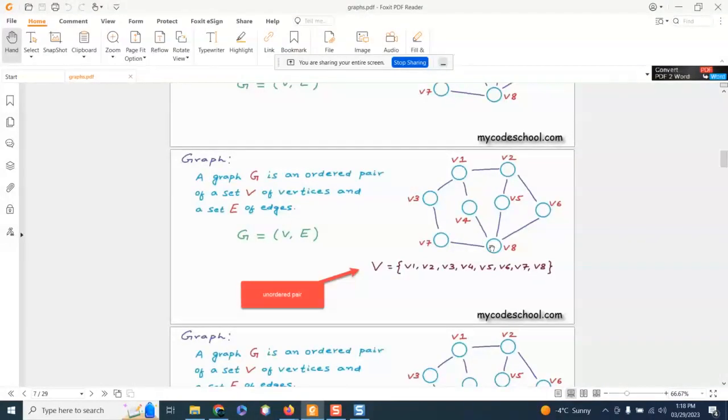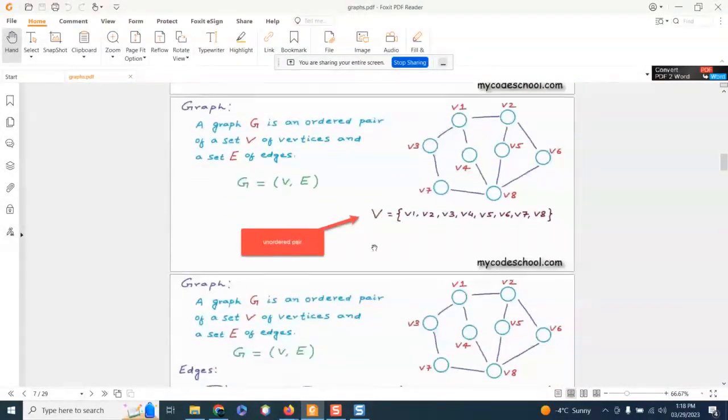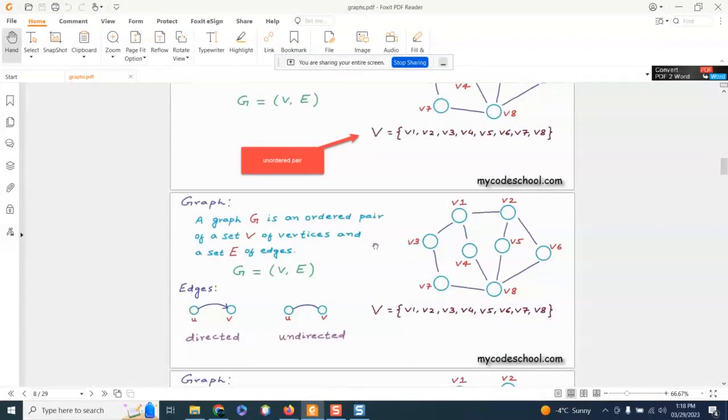So all those nodes that are touching the lines or edges are put together in the graph format like this. There are two types of graph: directed graph and undirected graph. An easier concept: you can go from node U to node V, or node A to node B, in one direction.